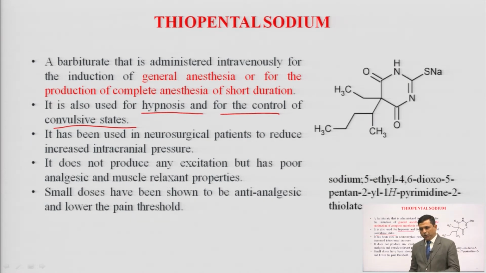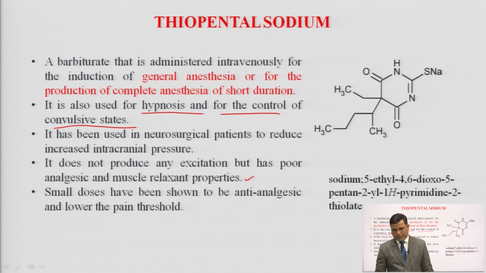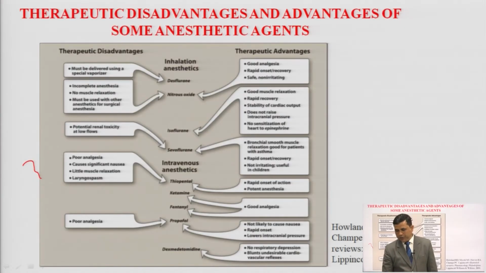It can also be used in neurosurgical patients to reduce increased intracranial pressure. It does not produce any excitation, but has poor analgesic and muscle relaxant properties. At small doses, it shows analgesic effects and lowers the pain threshold.